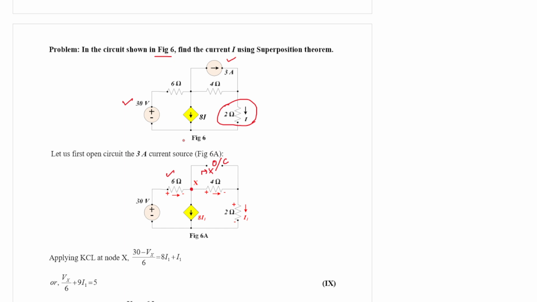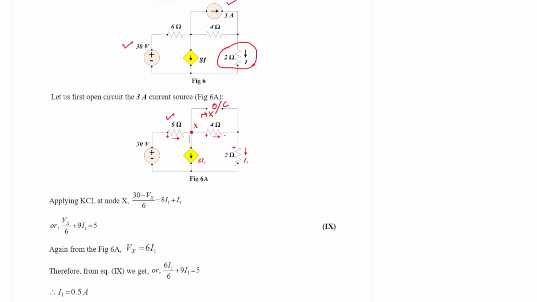As per the convention of the dependent source, when only the voltage source is active, the current through the 2 ohm resistance is I1, and so the dependent current source magnitude is 8I1.